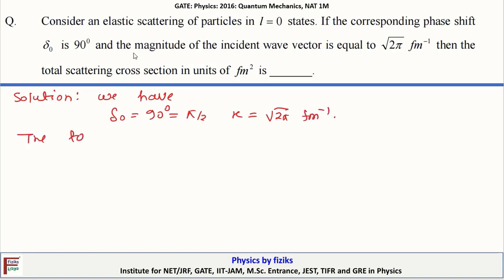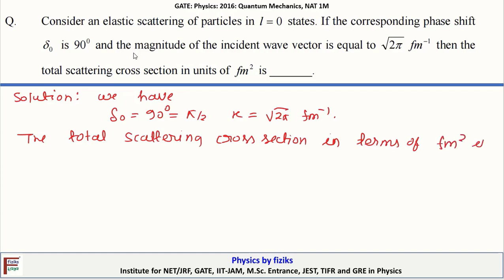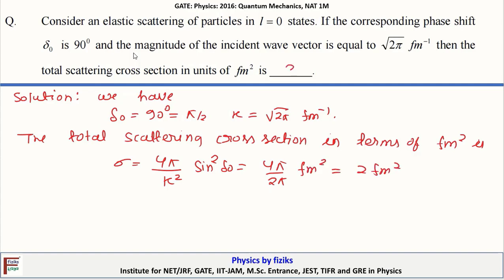The total scattering cross section in terms of fermi meter square is σ = 4π/k² sin²δ0, which is equal to 4π/(2π) fermi square, that is 2 fermi square. So the answer is 2.